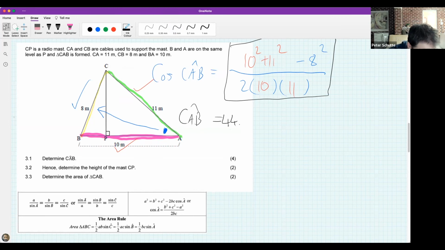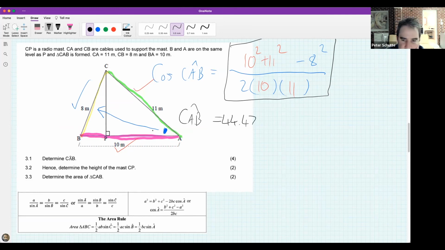So, 8 squared over... Okay, 44 point... Go with that, 47. And then if we get that, determine the height.